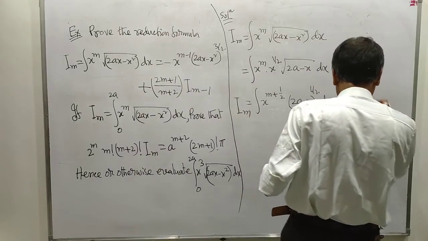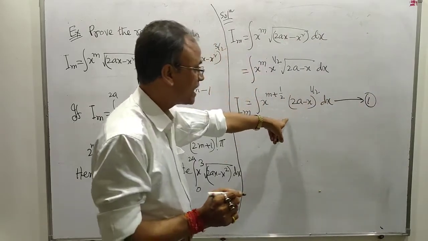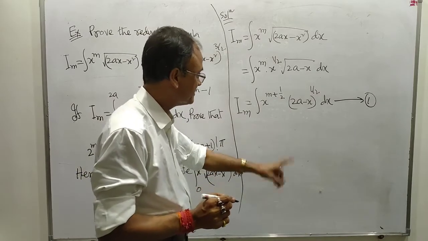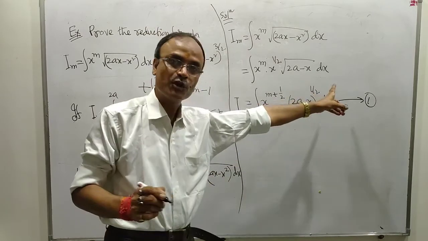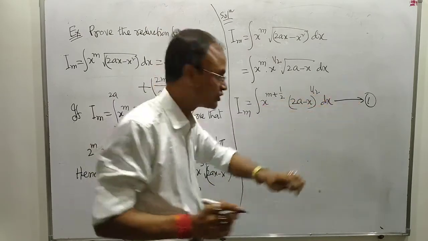Suppose this is number 1. Integrating 1 by parts, taking twice a minus x whole to the power half as the second function.